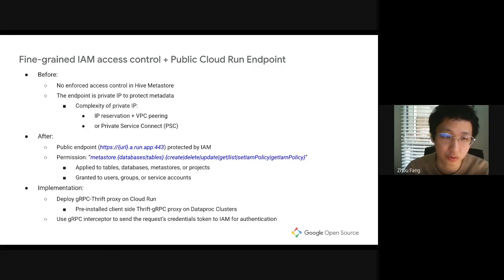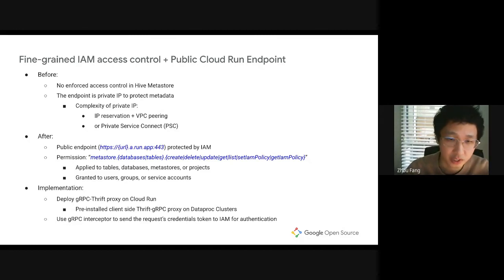The customer doesn't need to worry about all the resources. But in this way, we need VPC peering, and we also need to do IP reservation in the customer's project. Another solution without VPC peering is called Private Service Connect. But either way, we need to do a lot of network work.